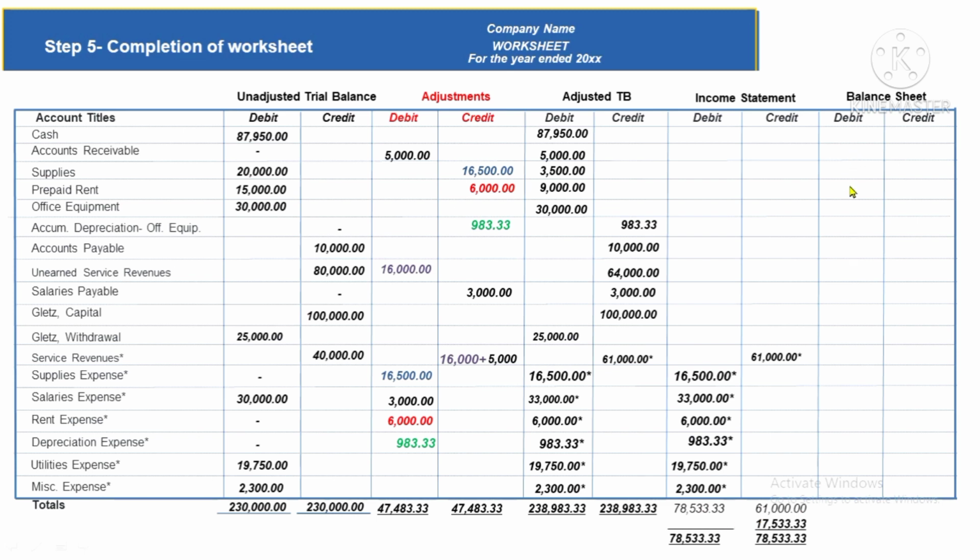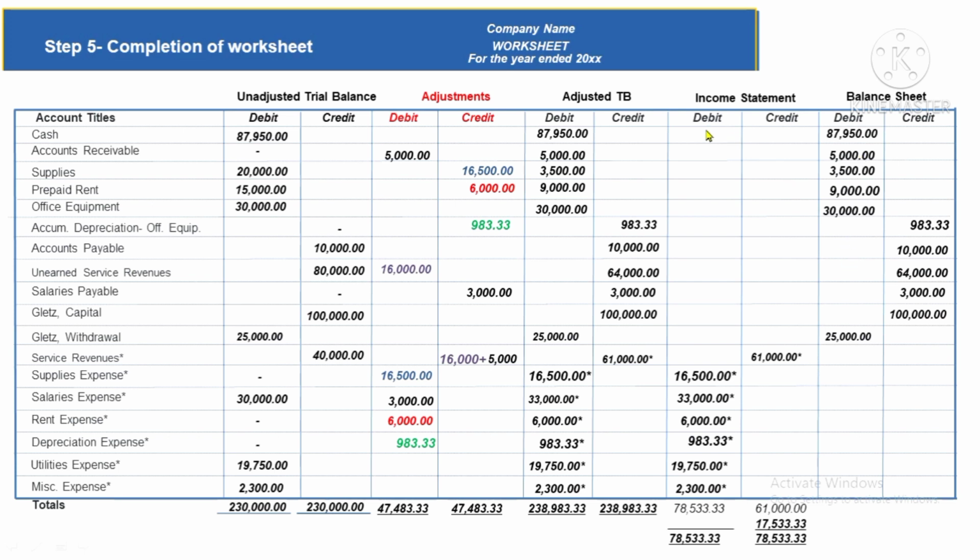The last two columns are intended for the assets, liabilities, capital, and withdrawal account balances, or in simple terms, those balances of non-income and expense accounts. And since the income and expense accounts have an asterisk, the balances with no asterisk shall be copied right here, and it will look like this.